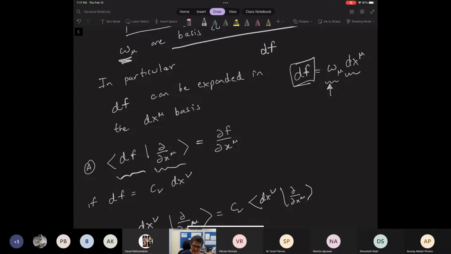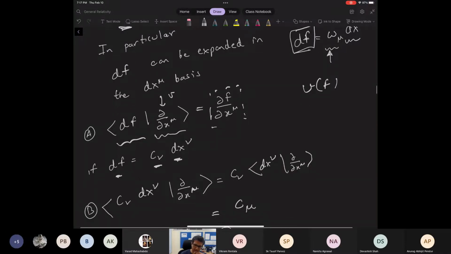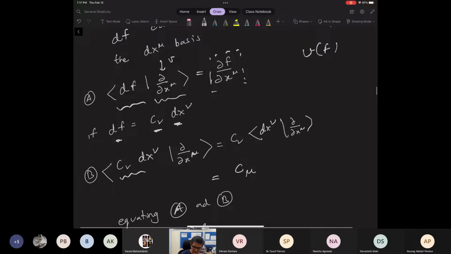and this is easy to see. Again the action is just v on f, where this is v. So this is just going to be partial f partial x mu. But if we've written df in terms of some coefficients times dx nu, then what we're saying is these coefficients times dx nu acting on partial x mu, this action of the inner product is always defined to be linear, which means that I can split up this action by pulling out the coefficients.